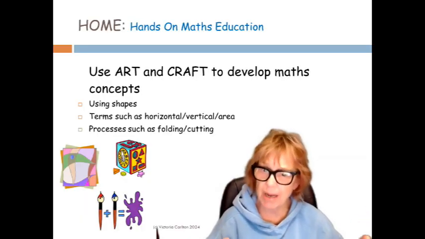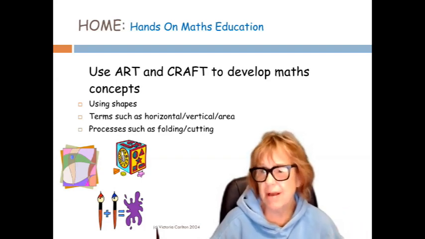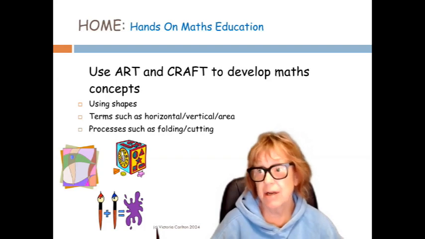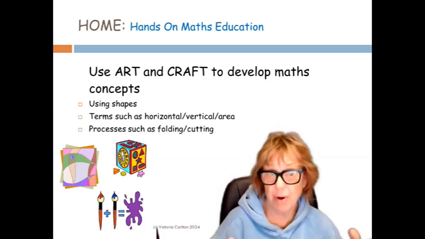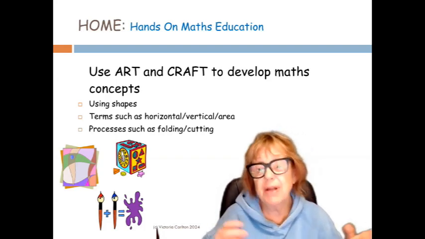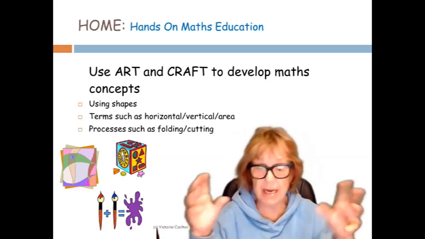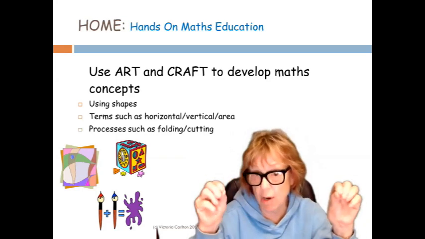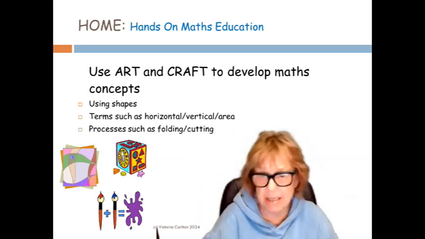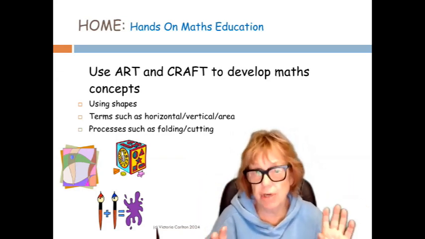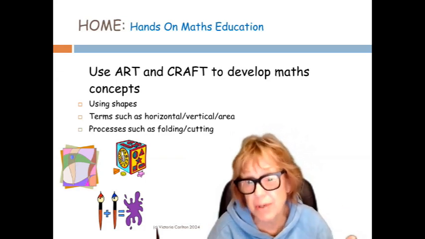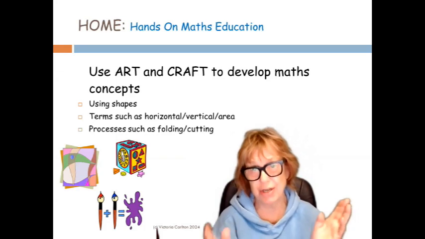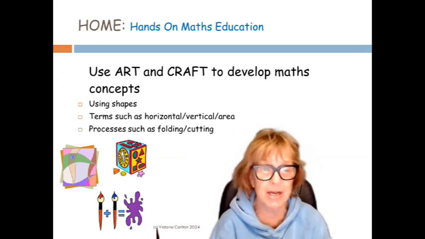And this one starts off with talking about art and how we can use art a lot with our maths programs. So even folding a piece of paper, when you take the top corners down to the bottom corners, the children can talk about what angles those corners are. They can talk about the straight lines. There's so much that goes on in maths education.